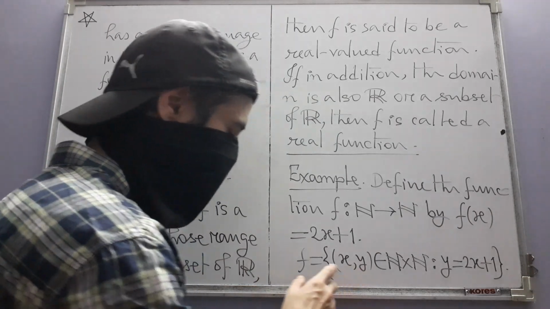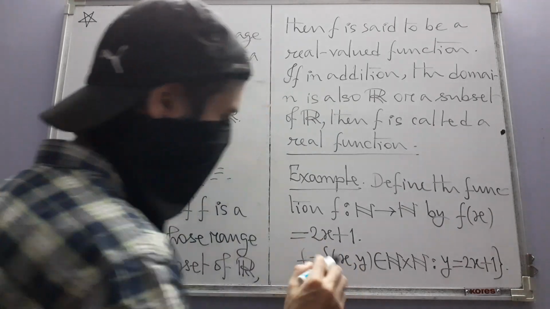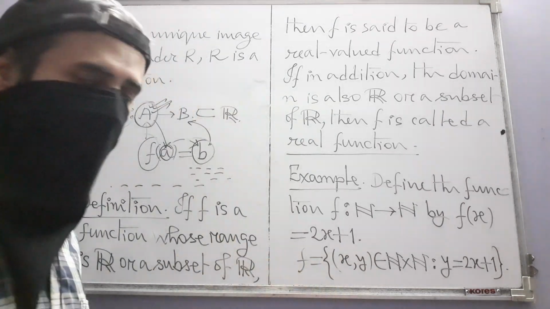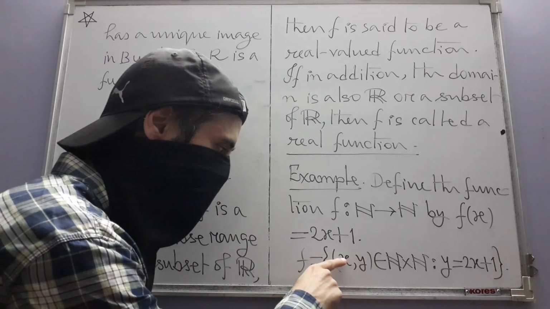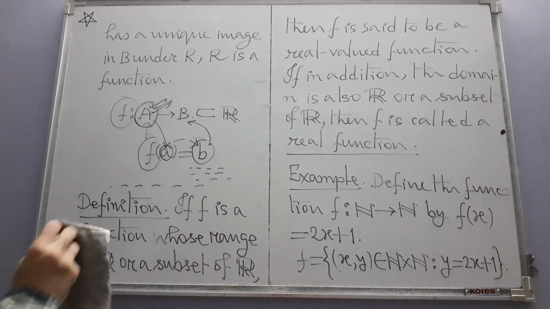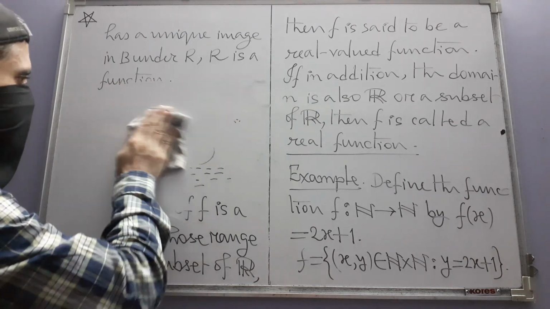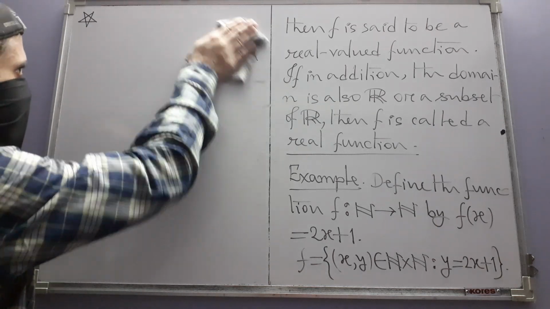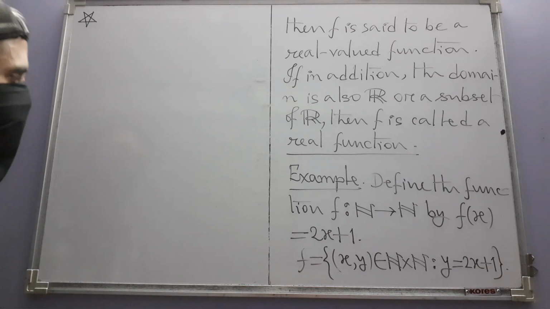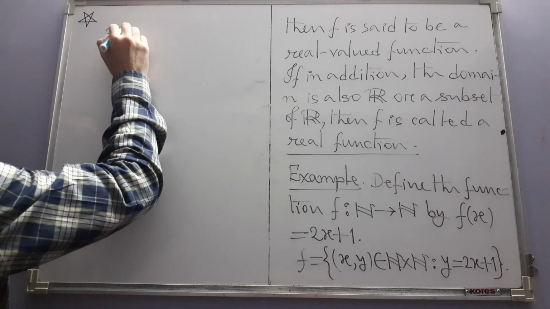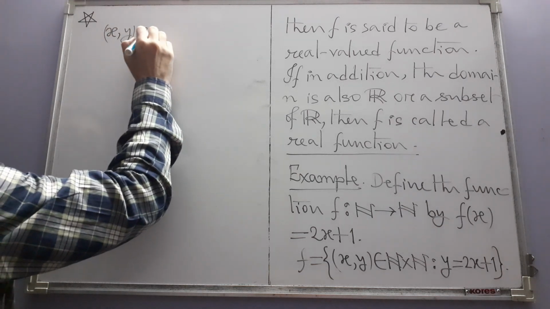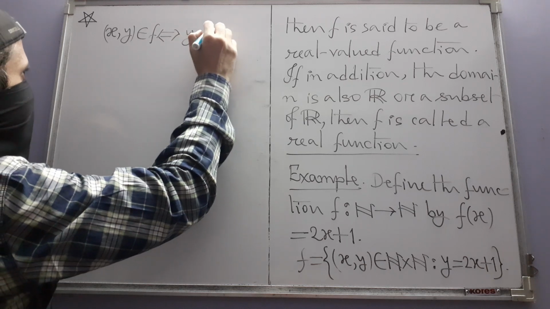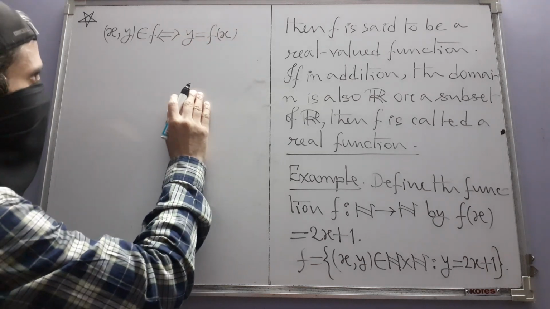Because you remember the notation, instead of writing x comma y belongs to f, we write y equal to f of x.